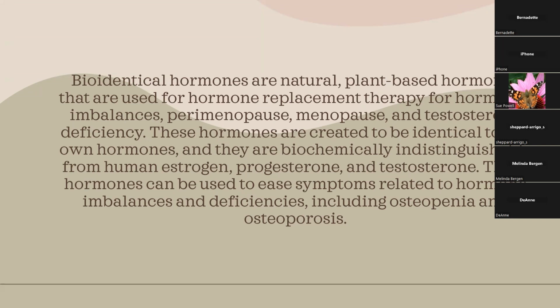These hormones are created to be identical to our own hormones, and they are biochemically indistinguishable from human estrogen, progesterone, and testosterone. So they exactly mimic our own hormones. These hormones can be used to ease symptoms related to hormone imbalances and deficiencies, including osteopenia and osteoporosis.